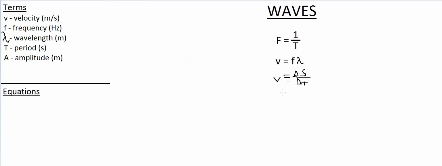It's like in the period T, a wave would move the length of the wavelength. So it's equal to lambda over T. And since F equals 1 over T, V equals F lambda.